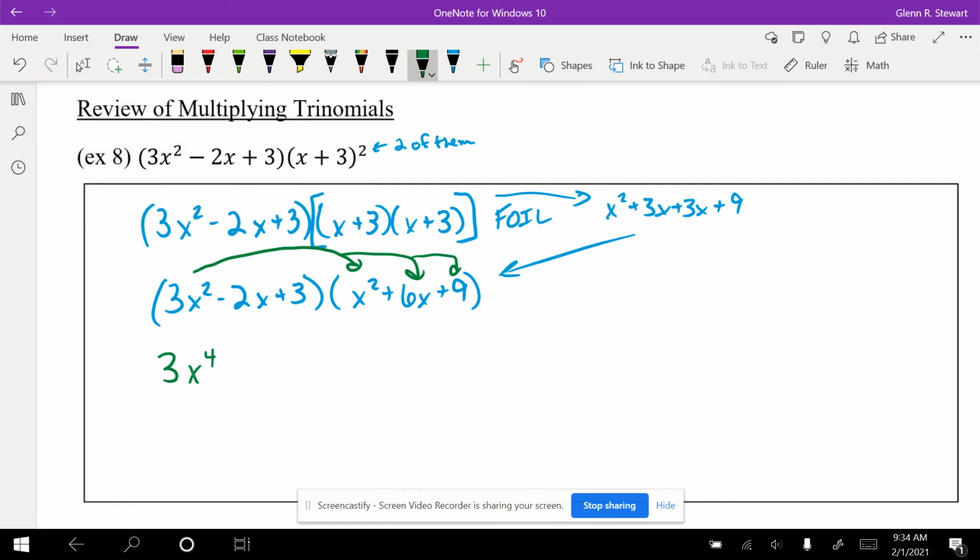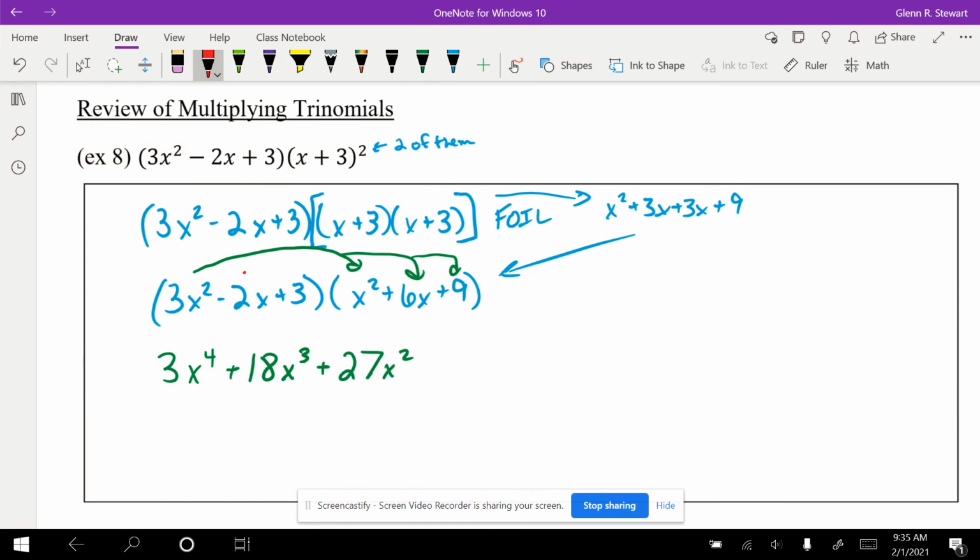Okay? Do not do that whenever you're adding or subtracting. Only when I multiply. So then 3 times 6 is 18. And then I have x to the 3rd, because I have x squared and then 1x. And then 3x squared times 9 gives me 27x squared.